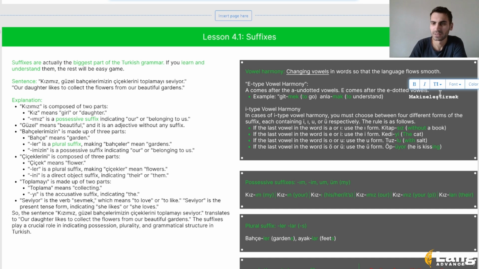It means makineleştirmek. Here makine and the last vowel is E, so therefore leştirmek. But if it was kolay, it would be kolaylaştırmak, because the last vowel in the easy, kolay, is A, so laştırmak comes.